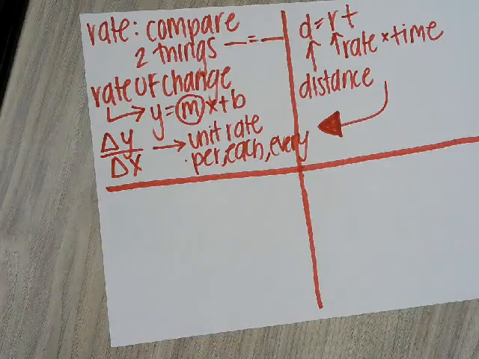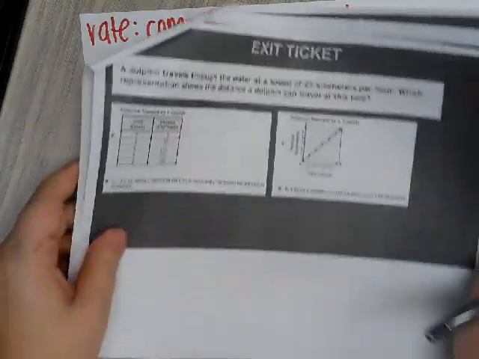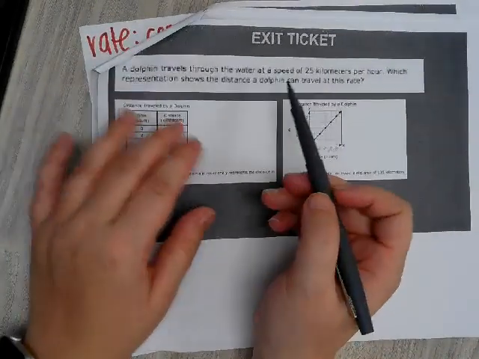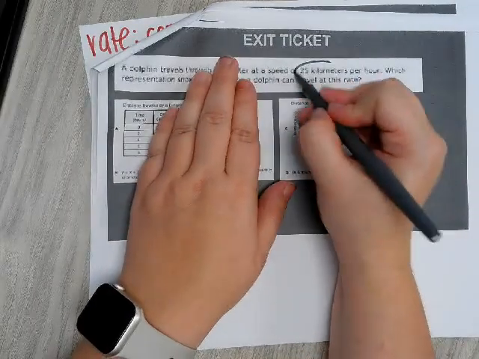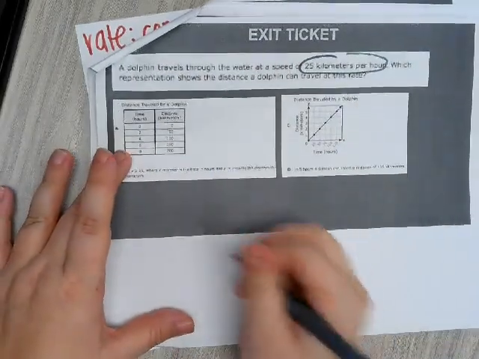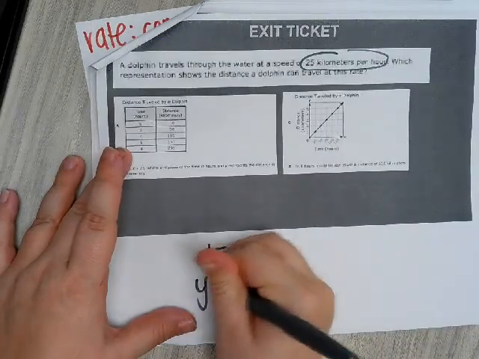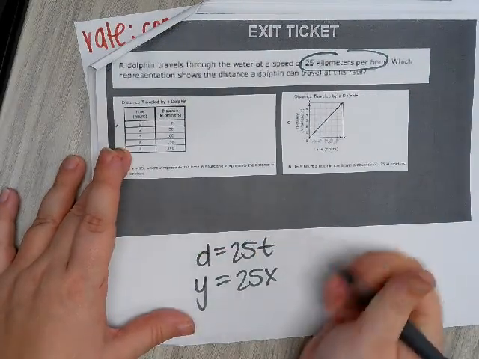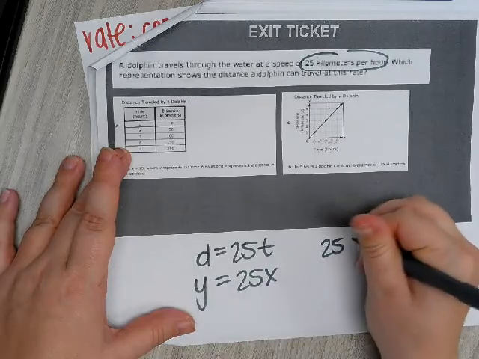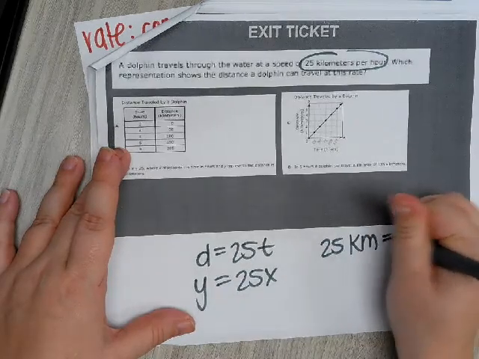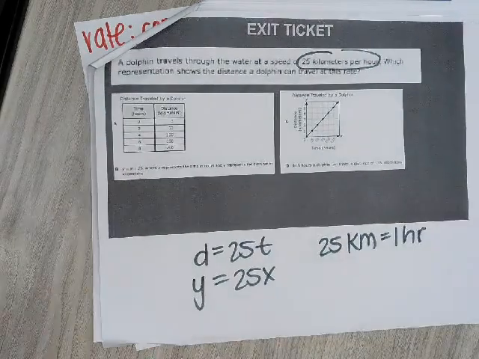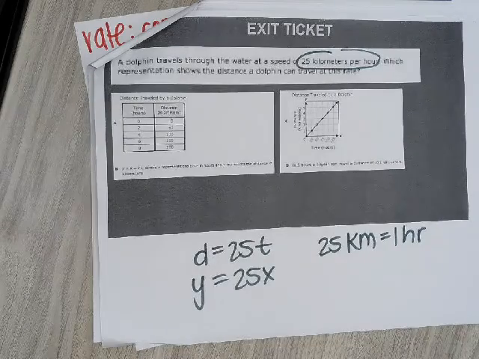Last one, a dolphin travels through the water at a speed of 25 kilometers per hour. So again, I'm going to have distance equals 25t, or it's going to be y equals 25x. Because we know that 25 kilometers is going to equal 1 hour. Okay, they want to know which one shows this.